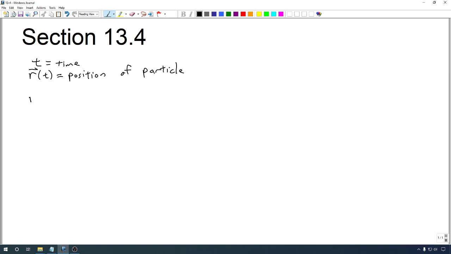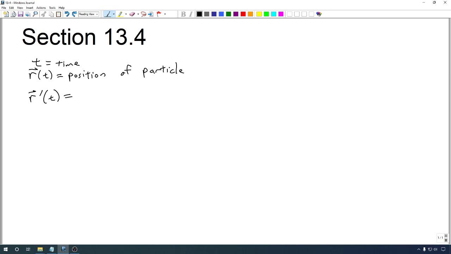Now the derivative of the position vector gives us two things. First of all, it tells us how fast r is changing.